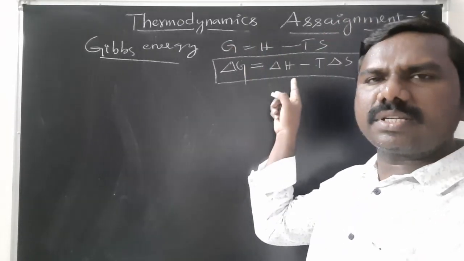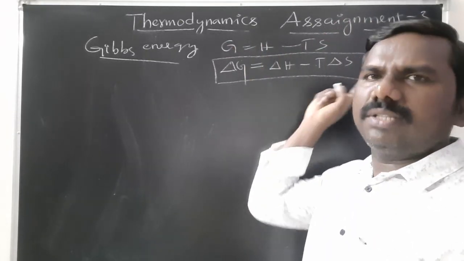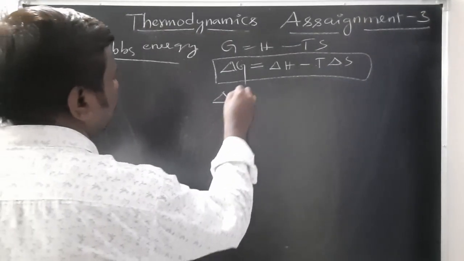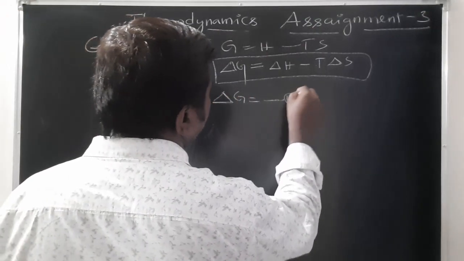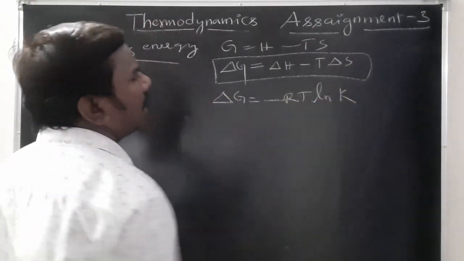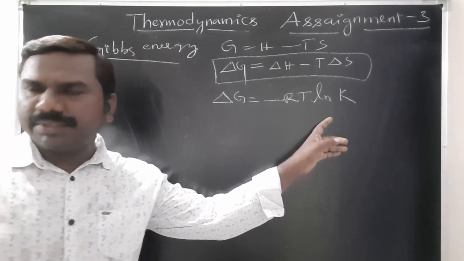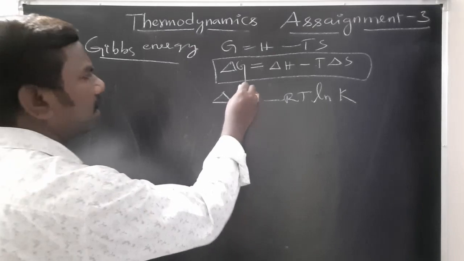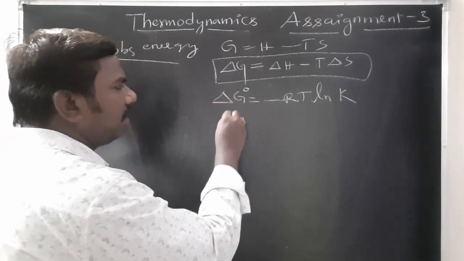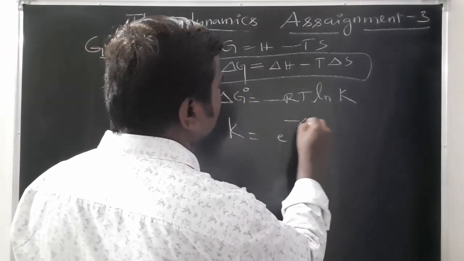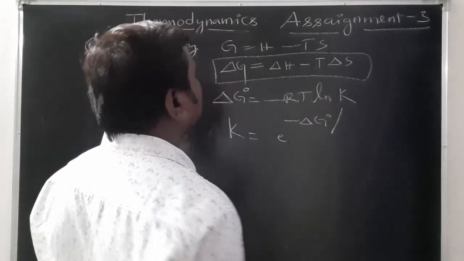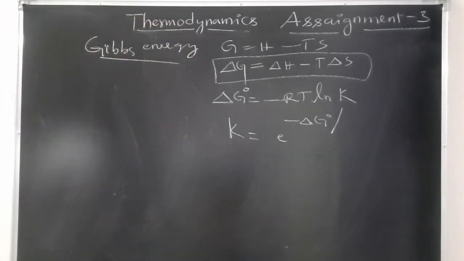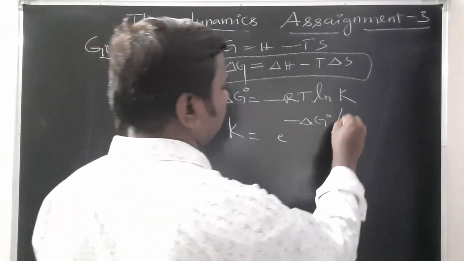If it is system here, if it is surroundings here. Right, students? Then there is another formula: delta G is equal to minus RT ln K. K means equilibrium constant, right? It is delta G naught under standard conditions, where K is equal to e power minus delta G naught by RT.